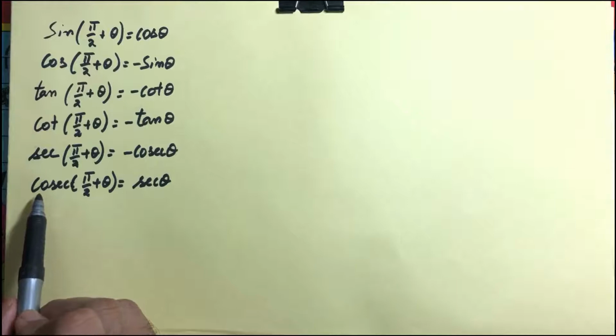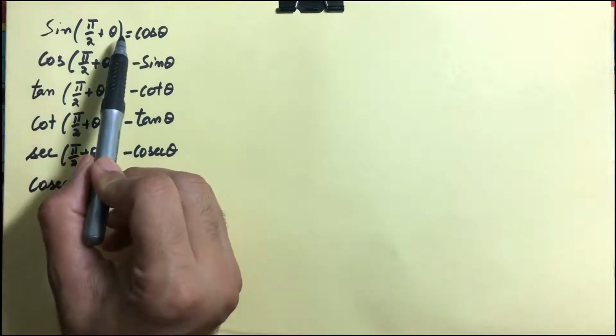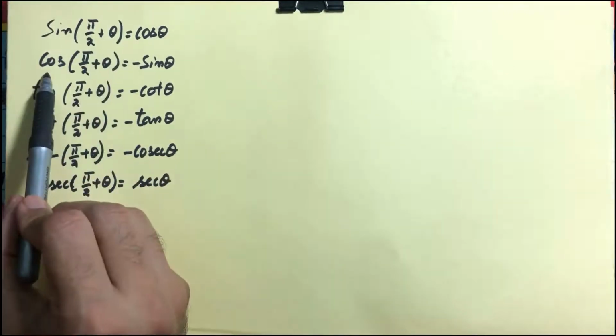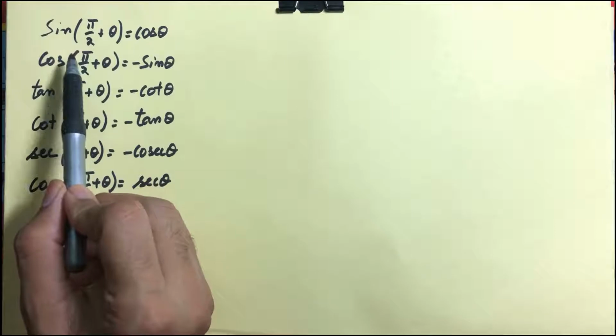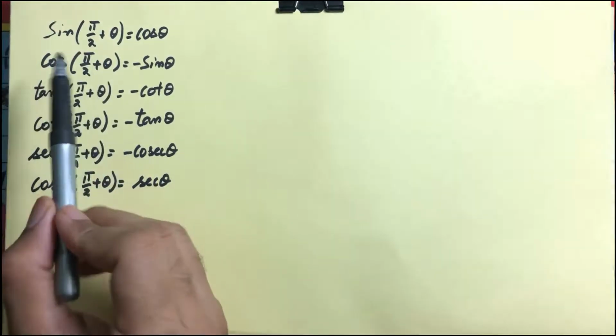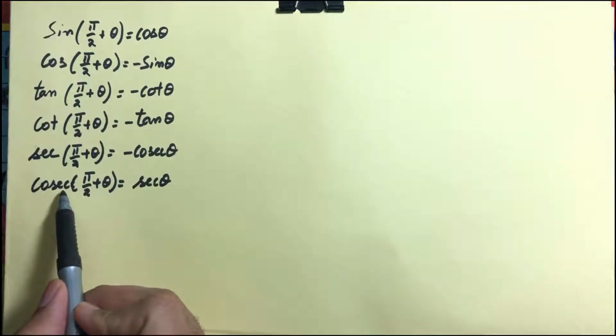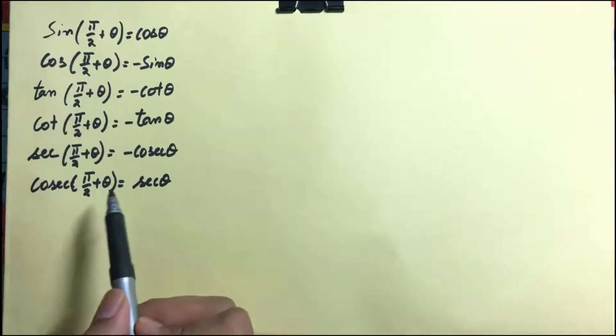And all other t ratios are negative. That's why when we have sine of pi by 2 plus theta, we get plus. But when we have cos of an angle in the second quadrant, the value should be minus. So this is the logic. Similarly, sine and cosecant are positive in the second quadrant, so we have a positive value for those.